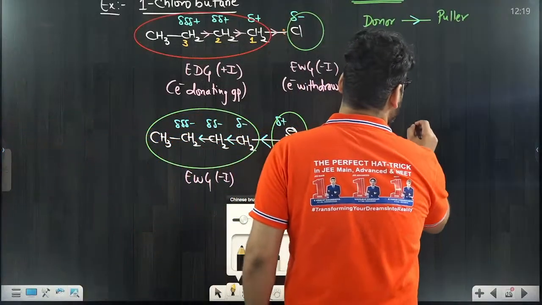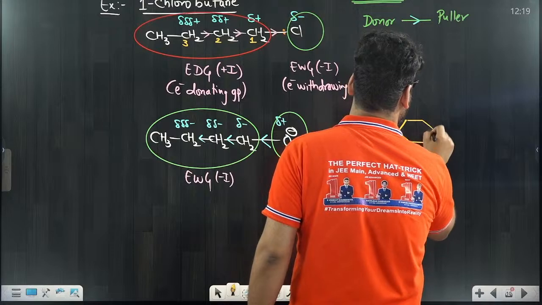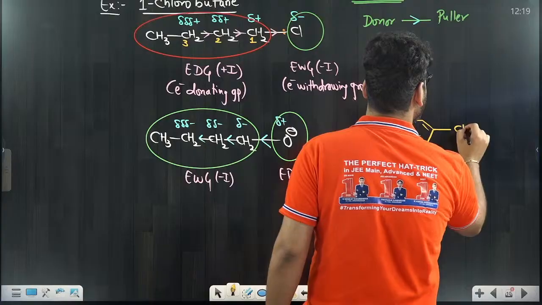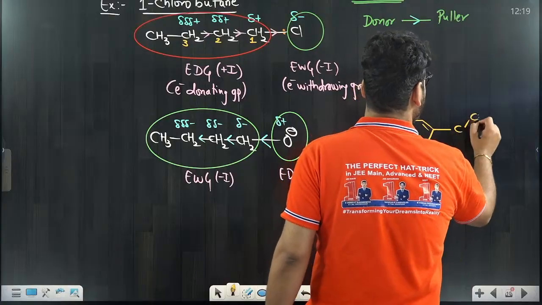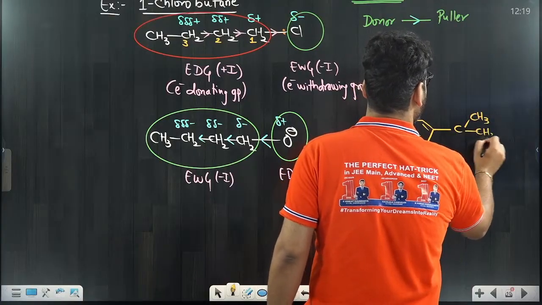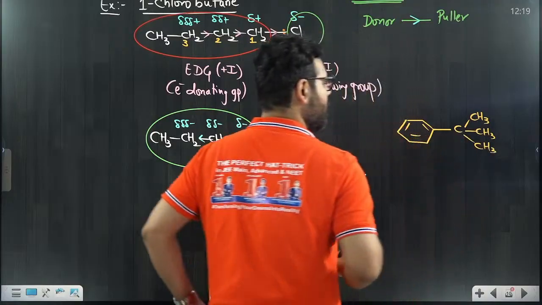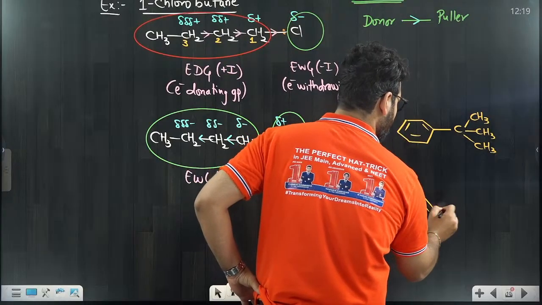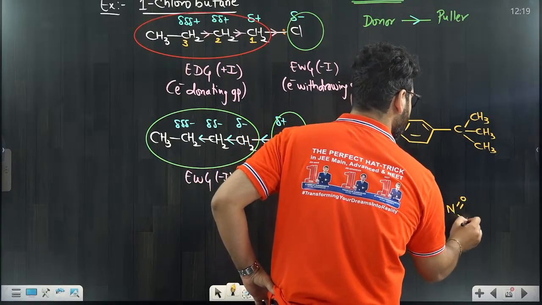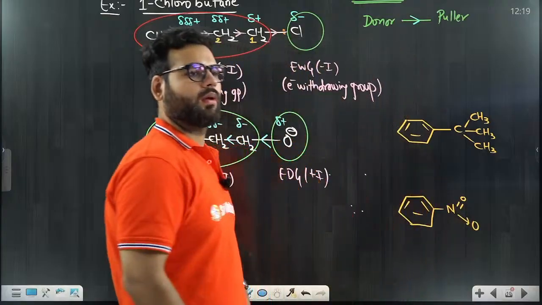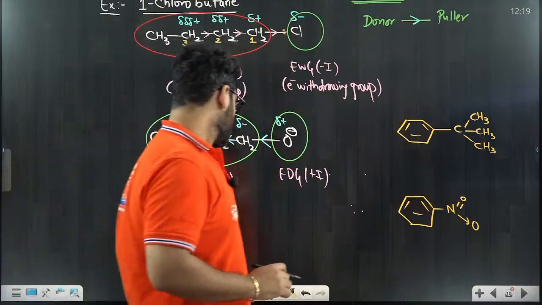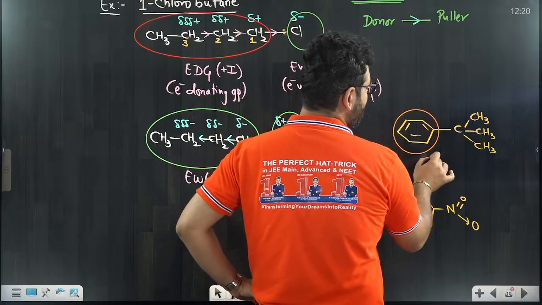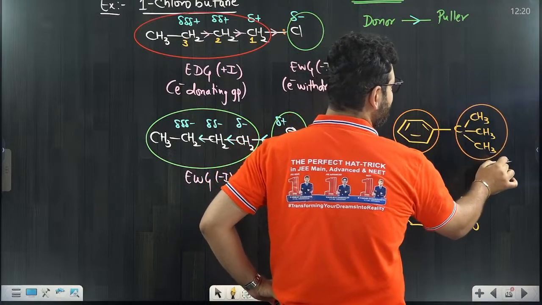But if I take benzene ring and I take an alkyl group here, and if I take a benzene ring and I take a nitro group here, in this case beta, benzene ring carbon is sp2 carbon and alkyl carbon is sp3 carbon.